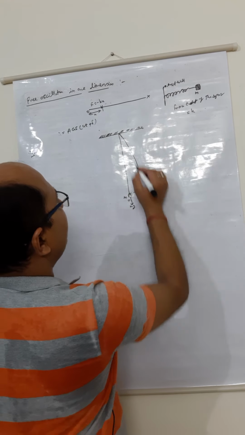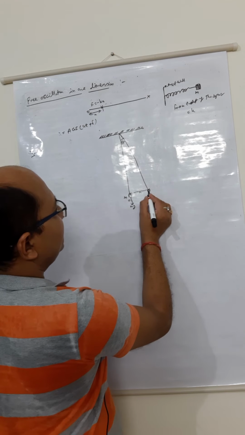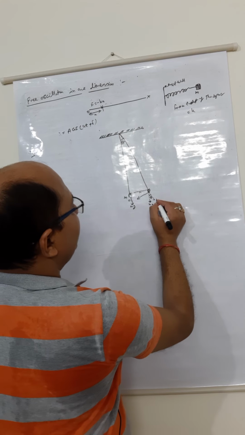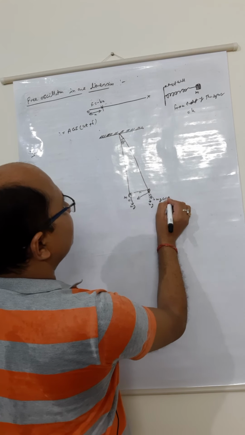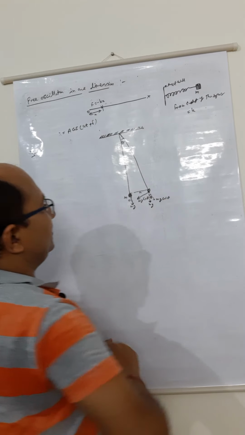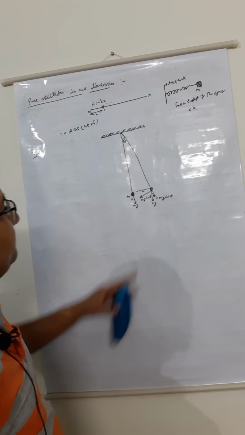If we resolve this gravitational weight in two directions, then we see that it has two components. One is mg cos theta and the second is mg sin theta.